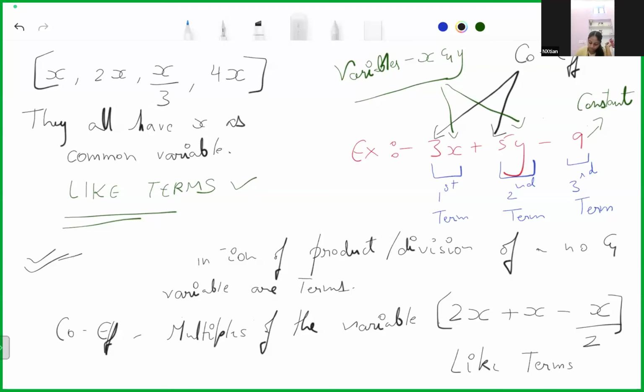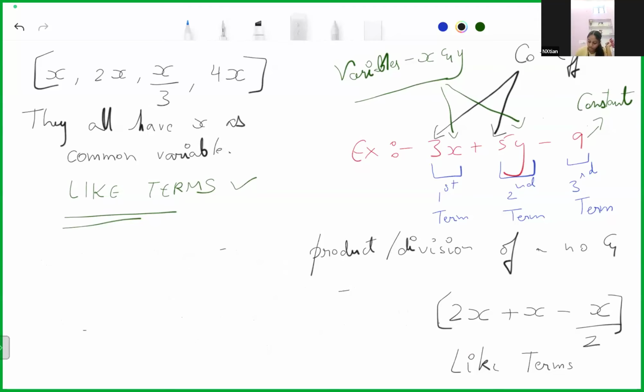Now let's see one more. I now have 2t, 3y, 4x, and 6ab.